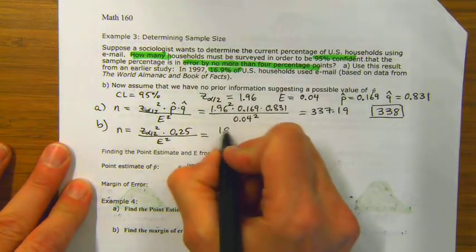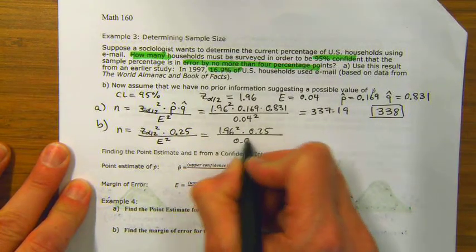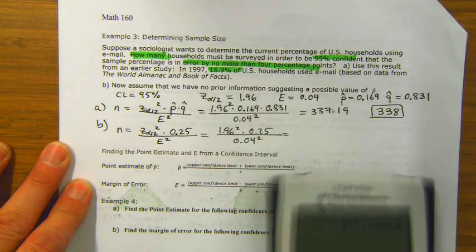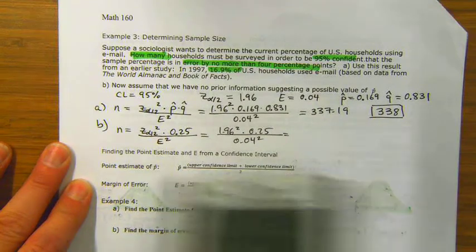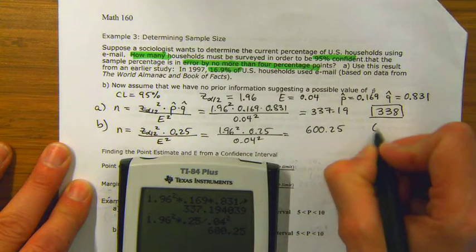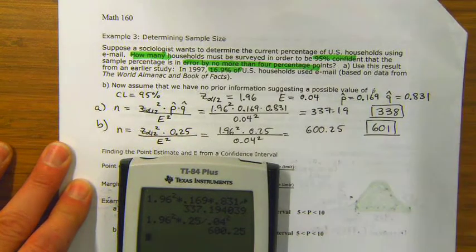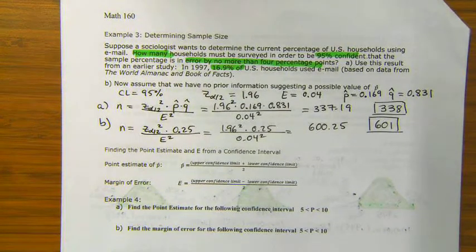So 1.96 squared times 0.25 divided by 0.04 squared. Okay, our sample size is now 600.25. Since we have to round up, that is 601. So this is how you find the sample size given a proportion.